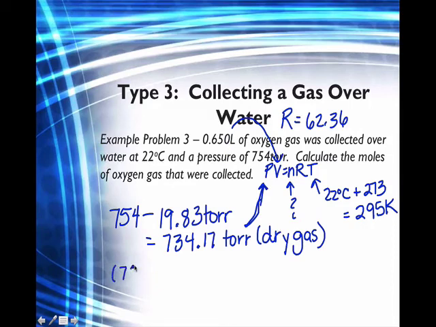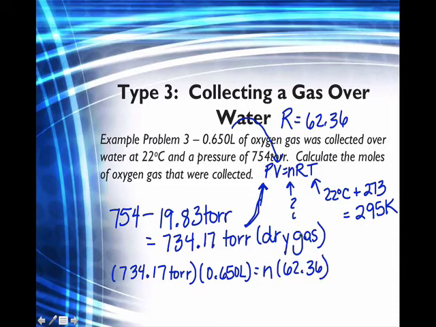So I have 734.17 torr, what I just found for my pressure, times my volume in liters, equals n, which is what I'm trying to find. My R is 62.36. I chose that one because torr and millimeters of mercury are the same thing, and that's the R that goes with those.